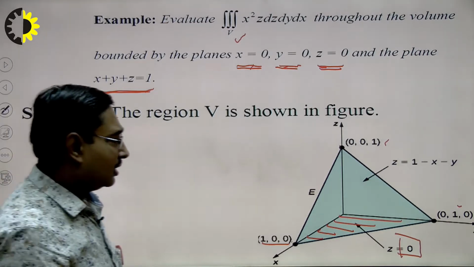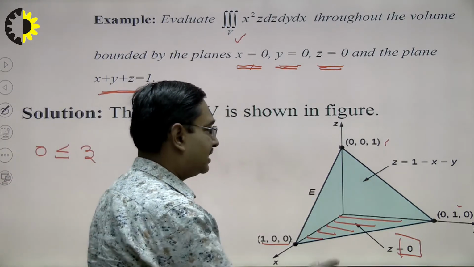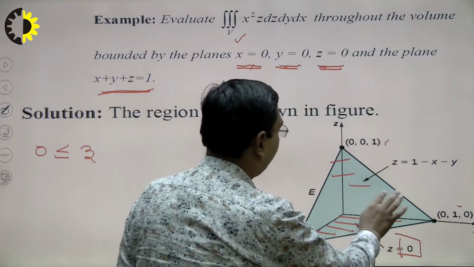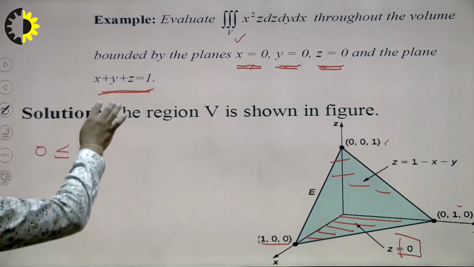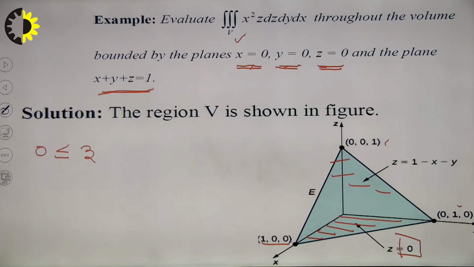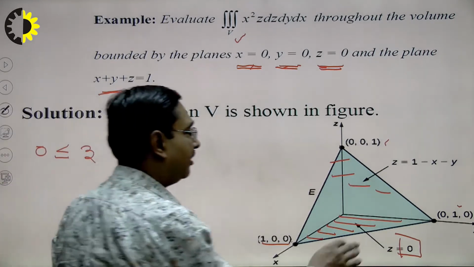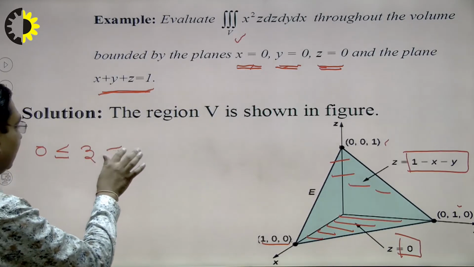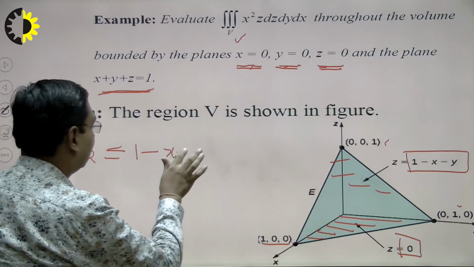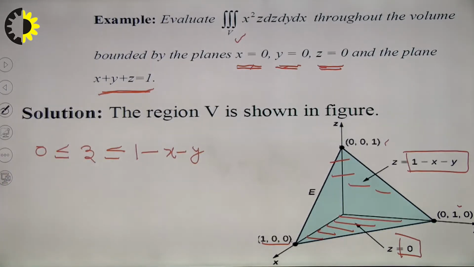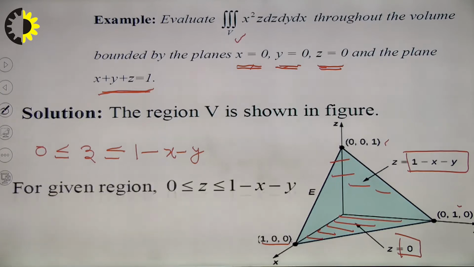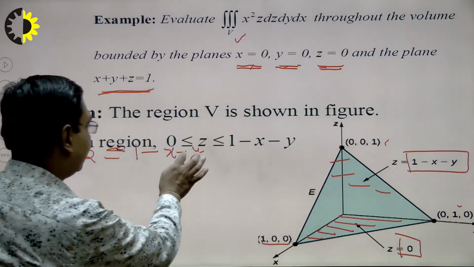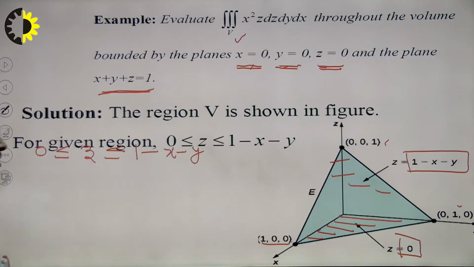Now this region of integration is covered from the top by this plane, which has the equation x plus y plus z equal to 1. The z value from this plane will be 1 minus x minus y. So this z value will be the upper limit. Thus these limits, z from 0 to 1 minus x minus y, are written here as limits of z.